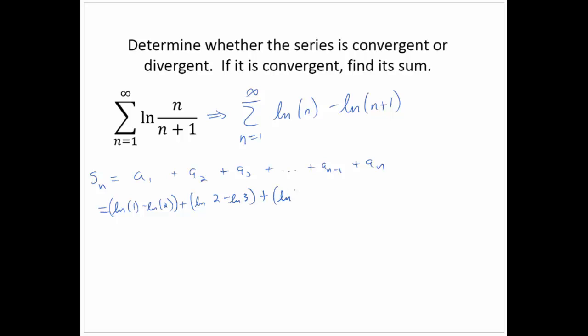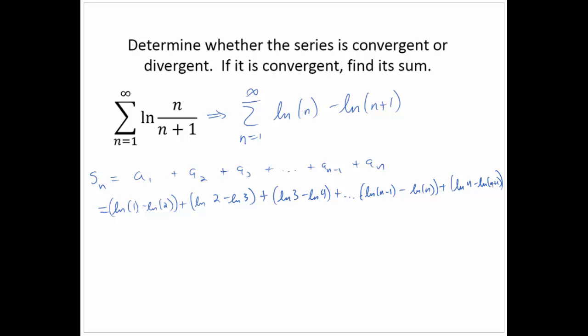A sub 3 would be natural log of 3 minus natural log 4, plus a sub n minus 1, which would be natural log of n minus 1 minus natural log of n. And then the nth term would be natural log of n minus natural log of n plus 1.